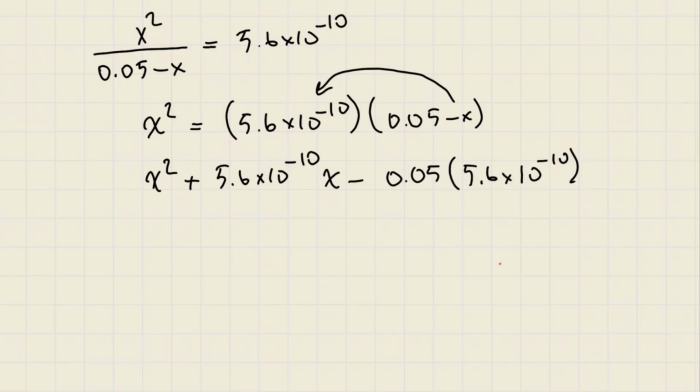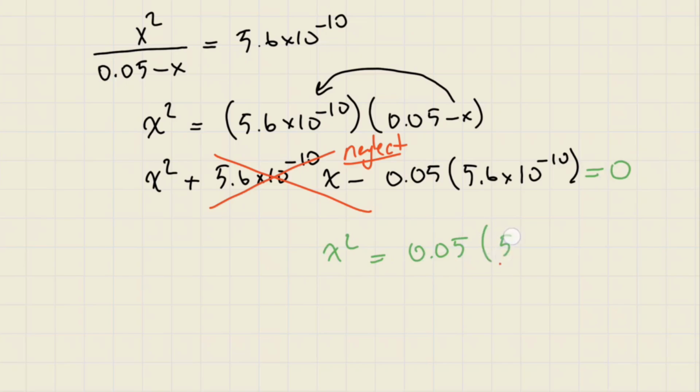So I can just neglect this thing. Just neglect. It is so small. So X squared will be equal to 0.05 times 5.6 times 10 to the minus 10, and X will be equal to square root of this thing.